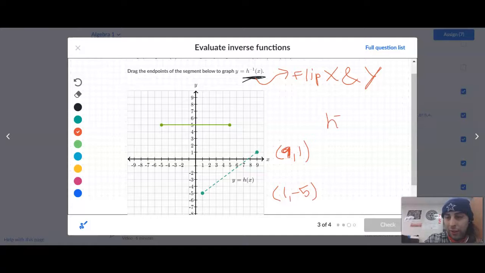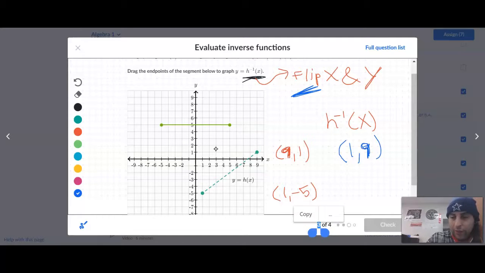All right, now let's find the inverse of those points. All you have to do is flip the x and the y. So instead of 9, 1, now we're going to have 1, 9. Okay, and then right here, instead of 1, -5, let's flip it, -5, 1.